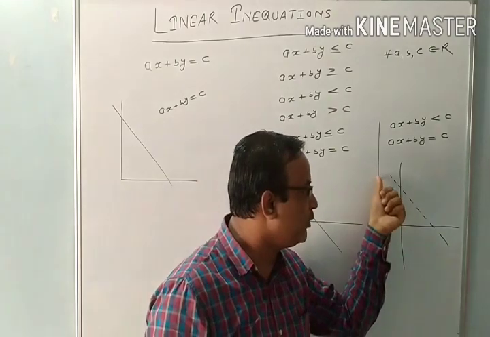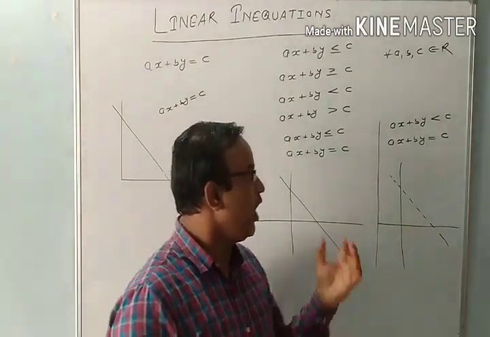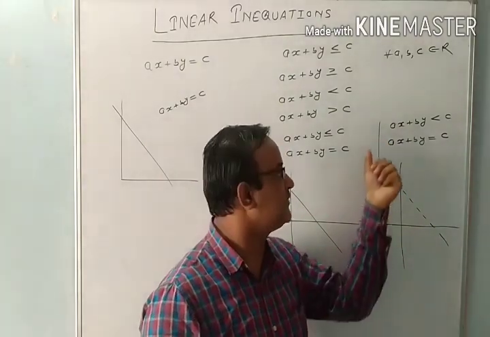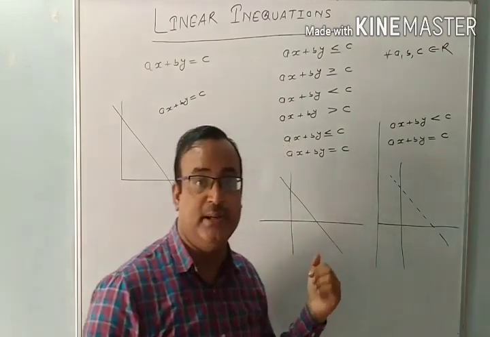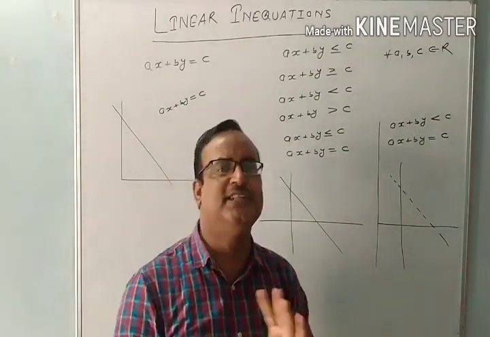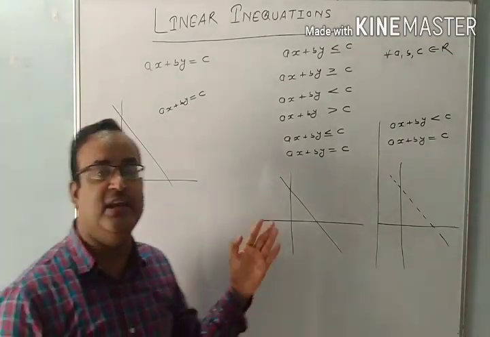That's why we have to draw the line in dotted mode. The solutions of x and y which satisfy the given inequation may be on the upward side, maybe on the downward side, but not on the line. So that is the difference between linear equations and linear inequations.